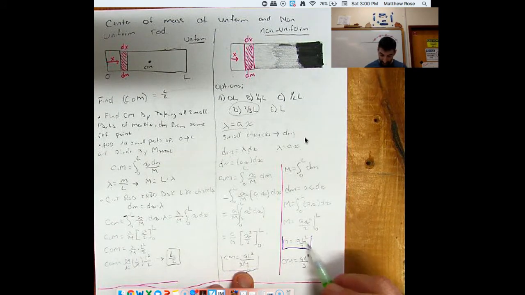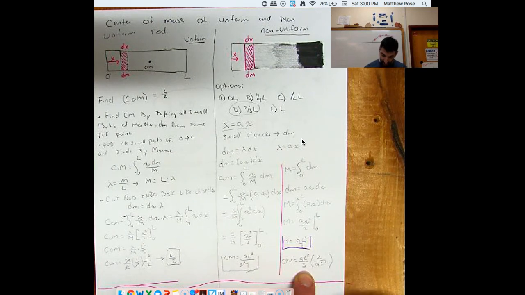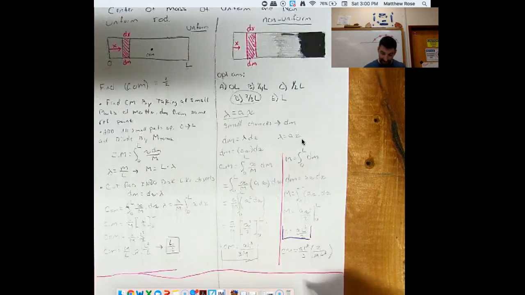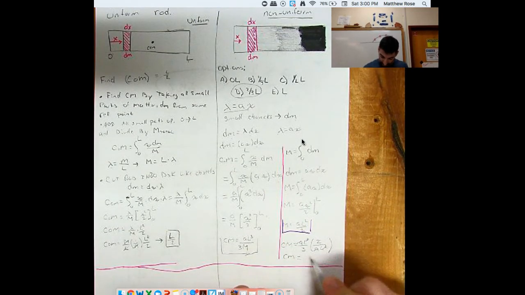Now I'm going to sub in for that mass, flipping it in my head, 2 over aL squared, which means my a cancels, the cube cancels with the L squared, and now I have a center of mass equal to 2/3 times L.